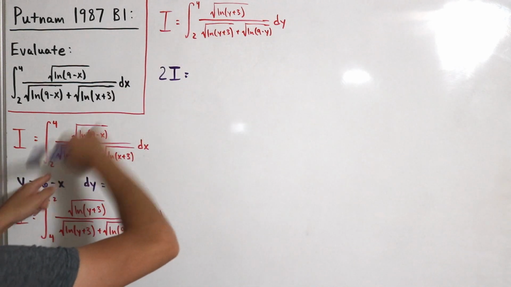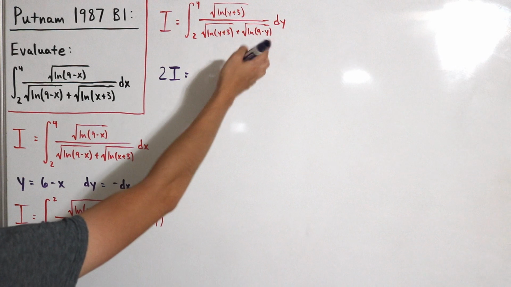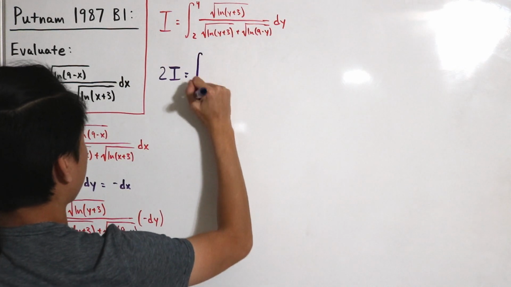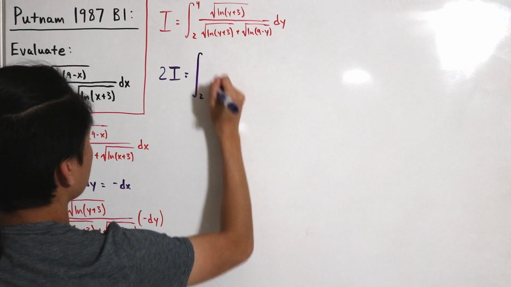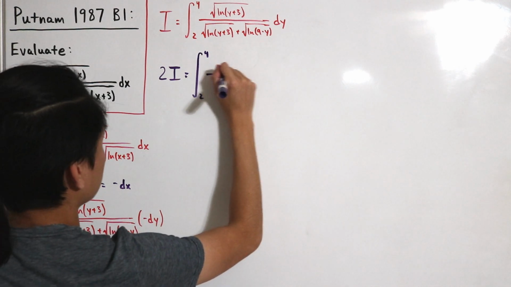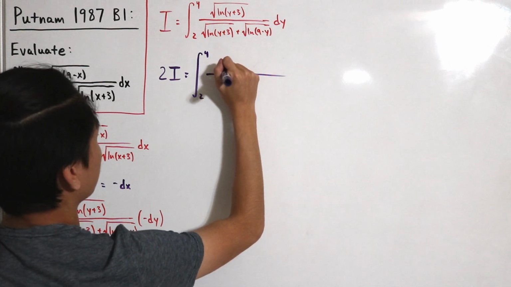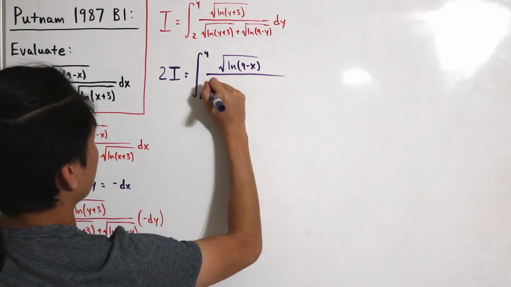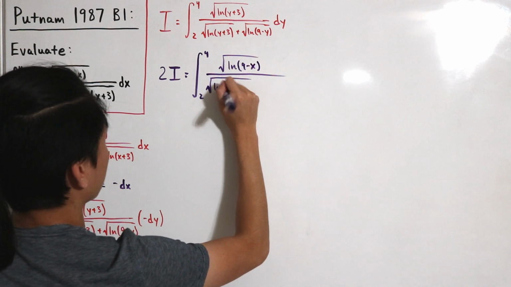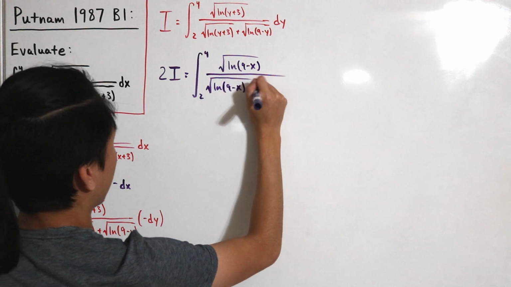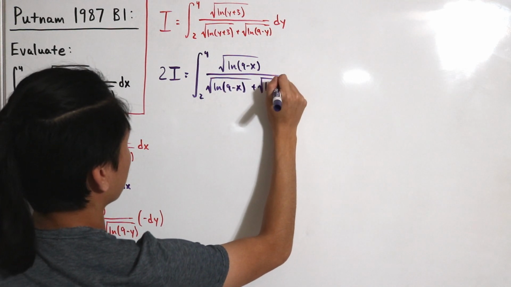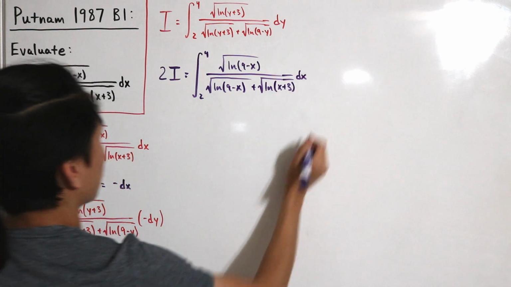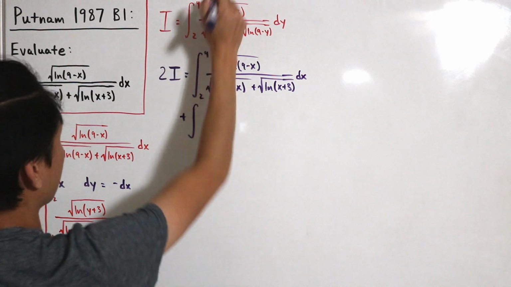They're under the same bounds. Also, y is simply a dummy placeholder, so I can replace it with x. So we have the integral from 2 to 4 of the square root of the natural log of 9 minus x, divided by the square root of the natural log of 9 minus x plus the square root of the natural log of x plus 3, dx, and we add this with the other integral.